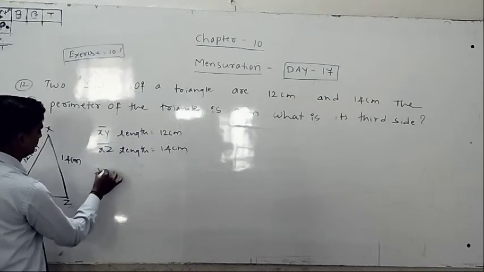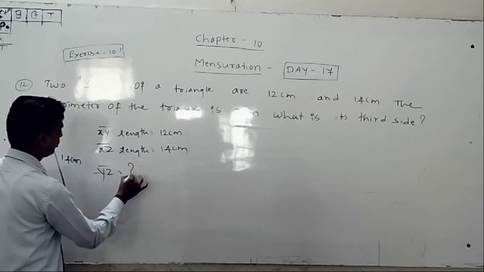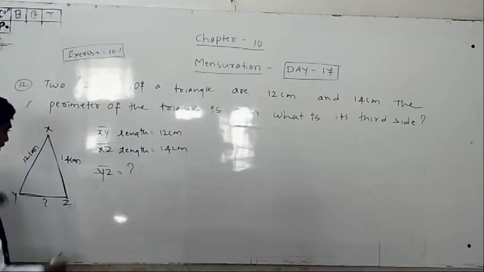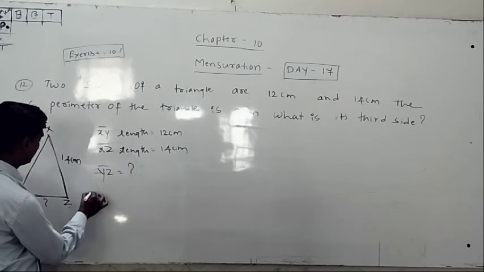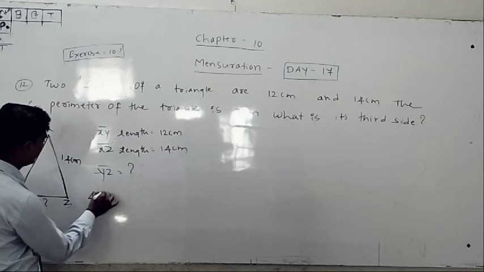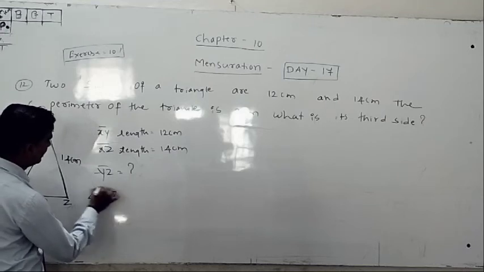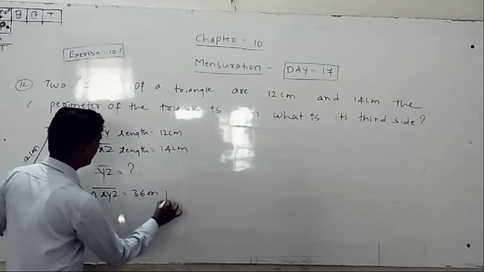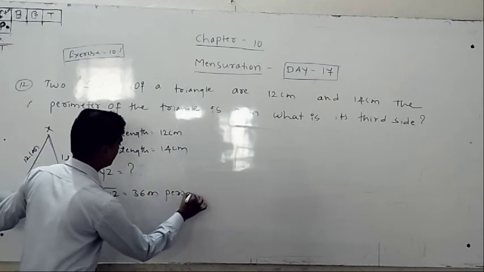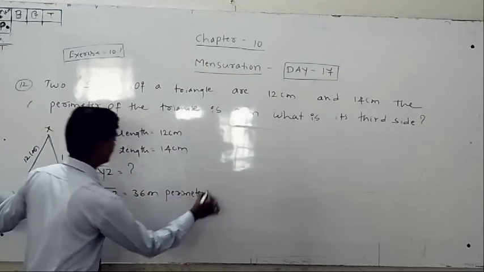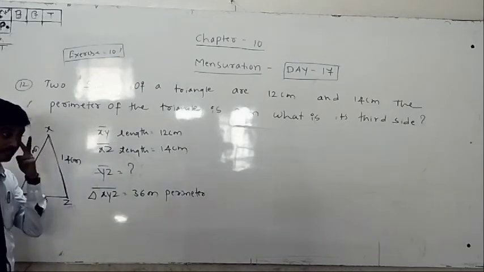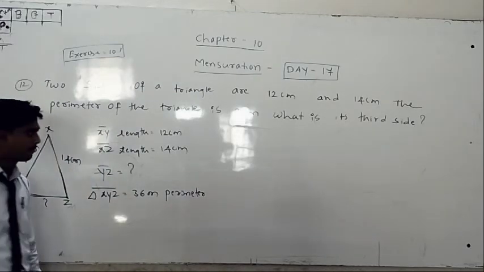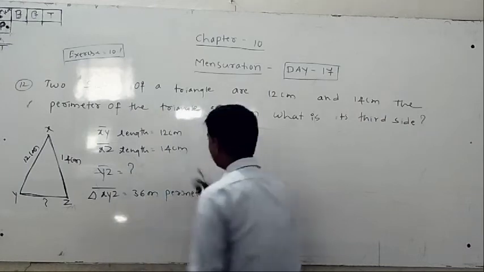YZ is equal to question mark. But they have given the triangle XYZ perimeter is 36 meter. Okay, first of all, this is the given fact.